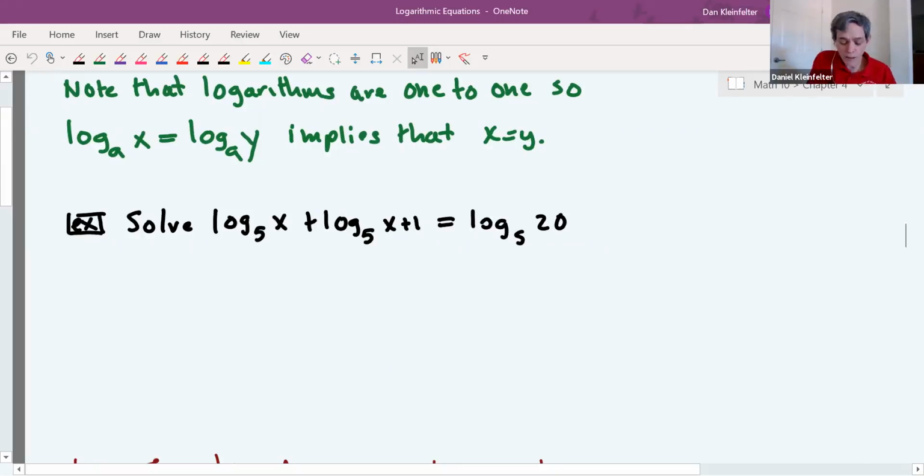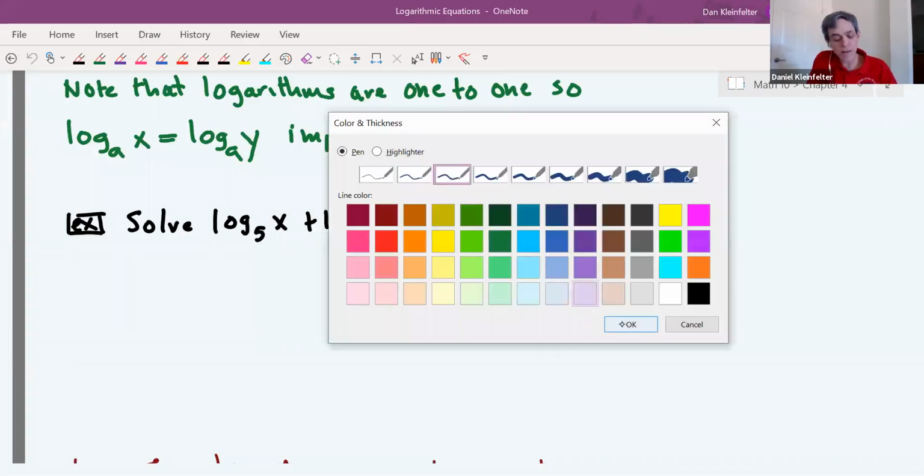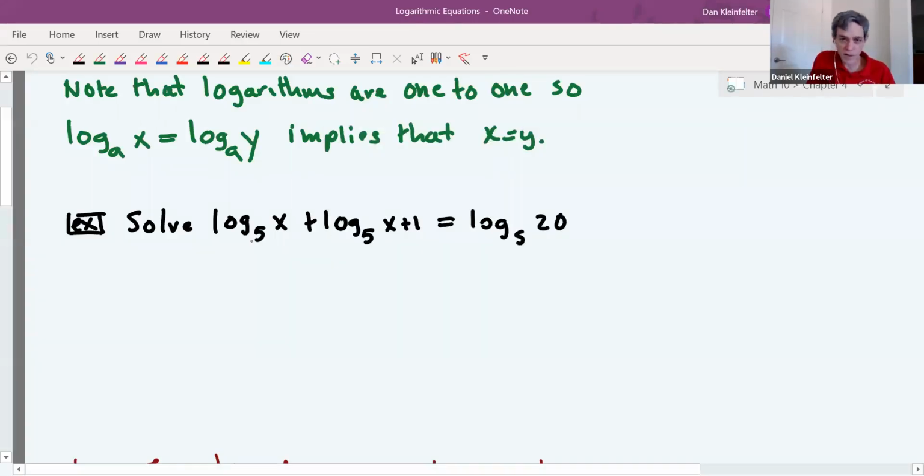Here we have the base 5 log of x plus the base 5 log of x plus 1, and that's equal to log base 5 of 20. Here I can't exactly use this property just yet because that just says log this equals log that, and this has got two logs on the left side. So what we're going to do is use another of the properties that we learned, the sum rule, to turn this into a log of a product.